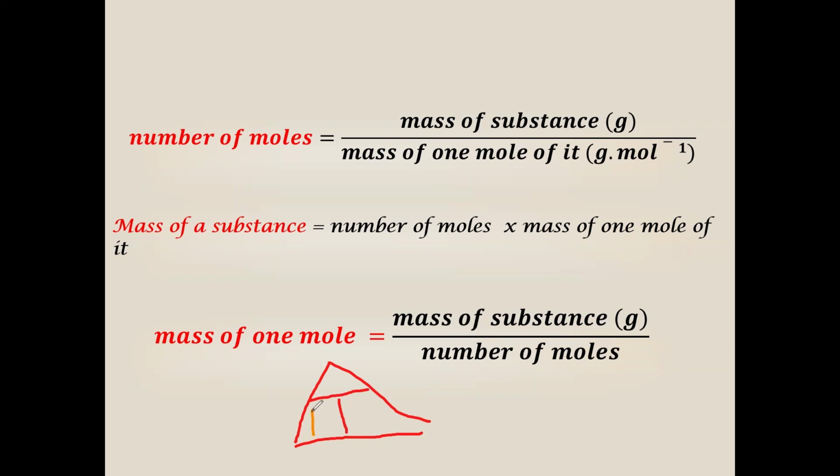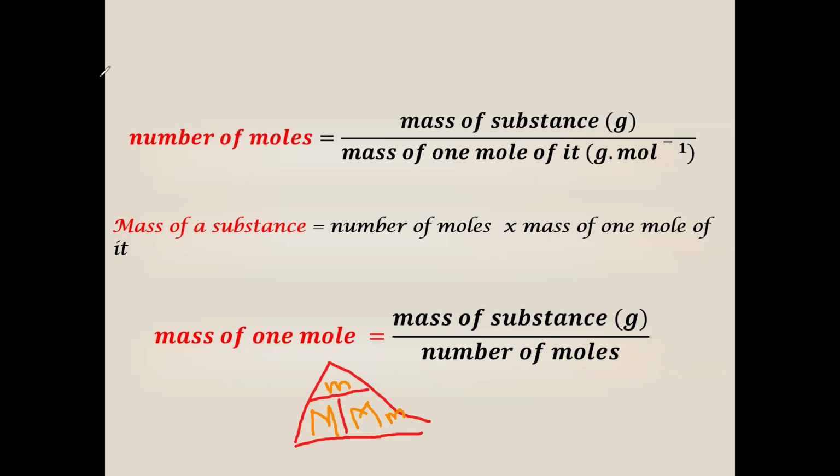Here we have the number of moles. Here we have the mass. And here we have the molar mass. The molar mass is the mass of 1 mole. So if we need to know the molar mass, the mass of 1 mole, you will divide the mass of a substance over the number of moles.